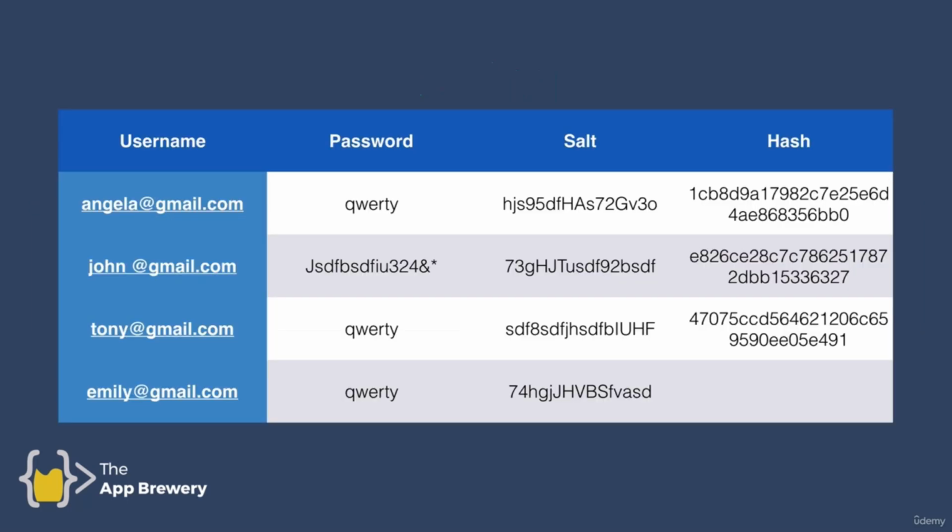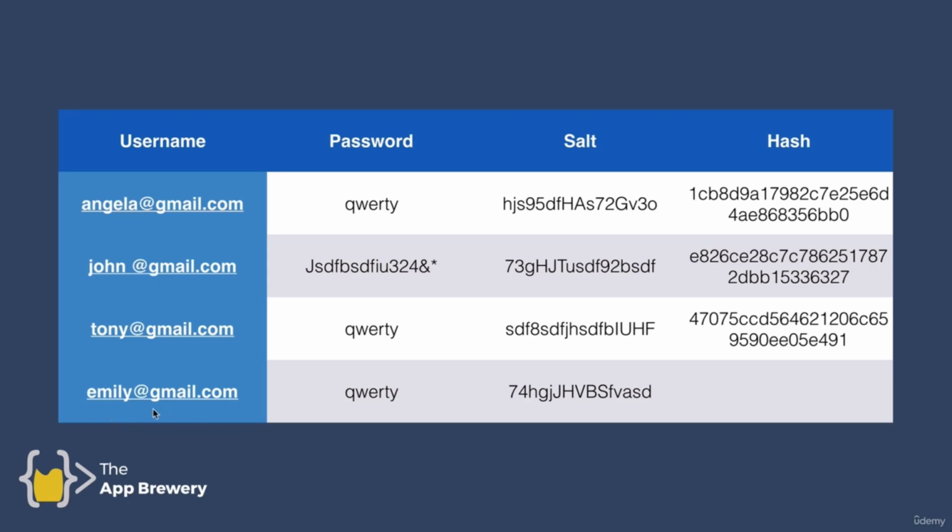So consider the previous problem that we saw in the last lesson, where we covered Hacking 101. Now we know that 3 of our users have the same password, and we figured that out because they all had the same hash. Now, on the other hand, if we had generated a random set of characters, which is the salt, and combined the password with the salt in order to generate the hash, then they won't have the same hash in our user database.